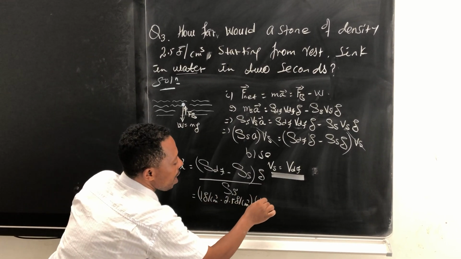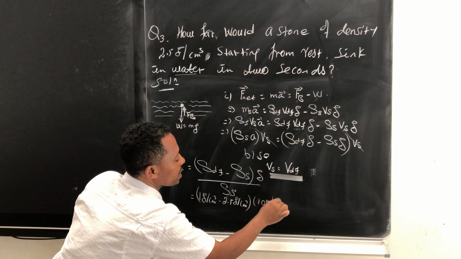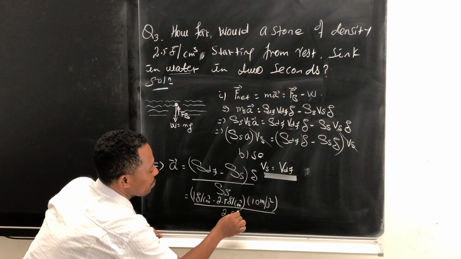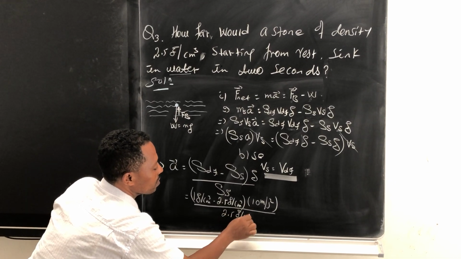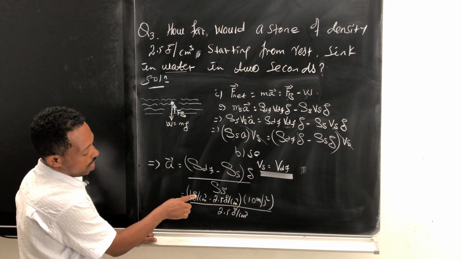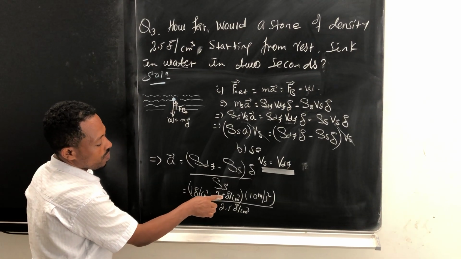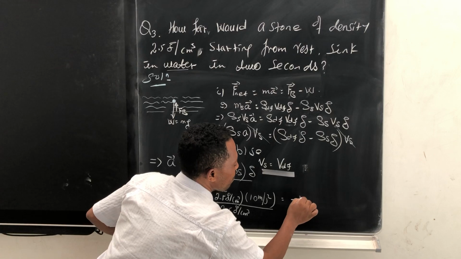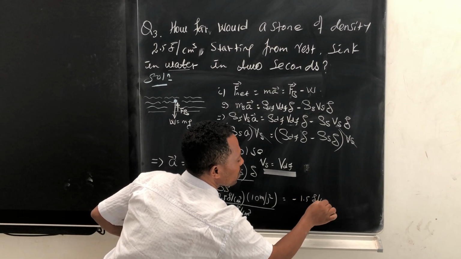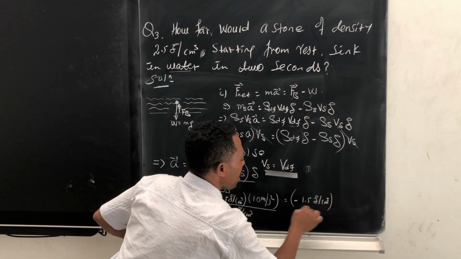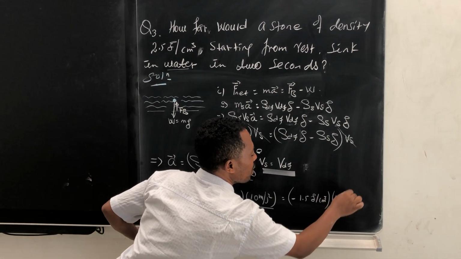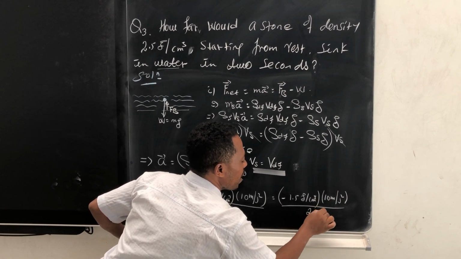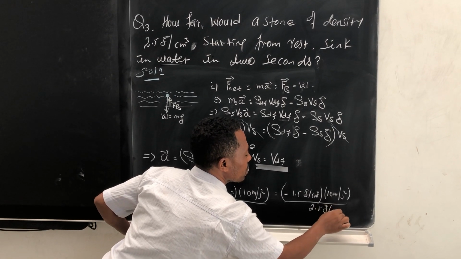And times 10 meter per second squared, the whole over 2.5 gram per cubic centimeter. 1 gram per cubic centimeter minus 2.5 gram per cubic centimeter becomes negative 1.5 gram per cubic centimeter, times 10 meter per second squared, the whole over 2.5 gram per cubic centimeter.